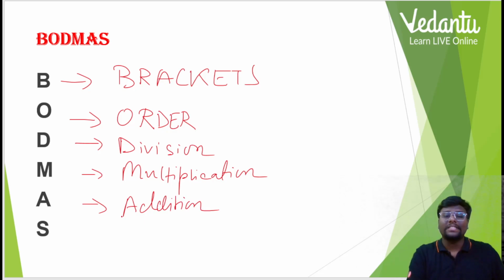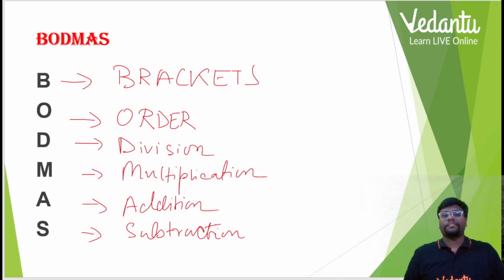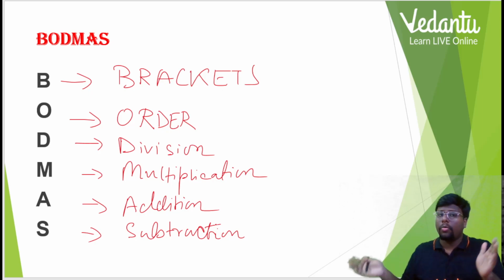S is the only basic operation left, subtraction. Clear? Brackets, order, division, multiplication, addition, subtraction. These are the six steps to approach any question with lots of operators involved in it.